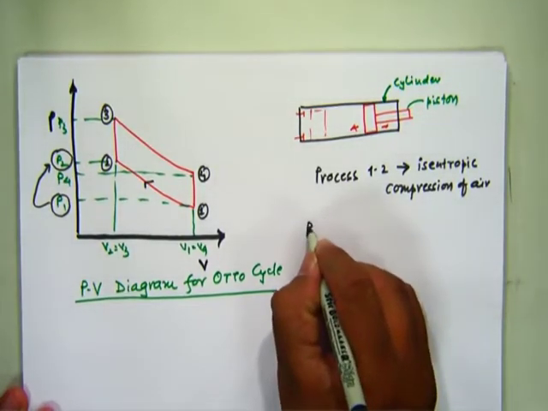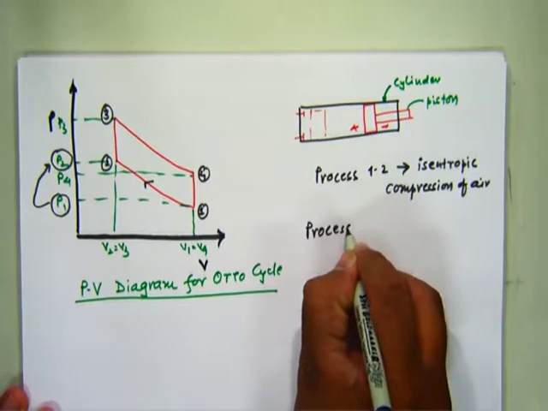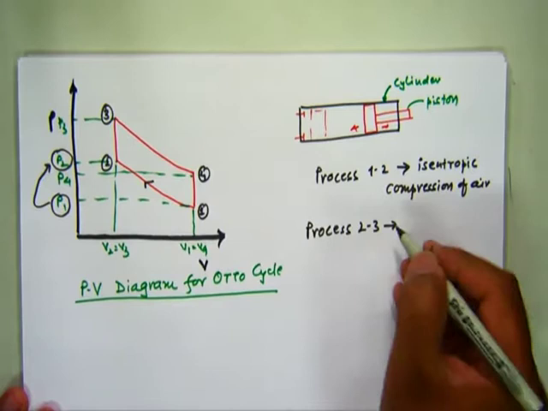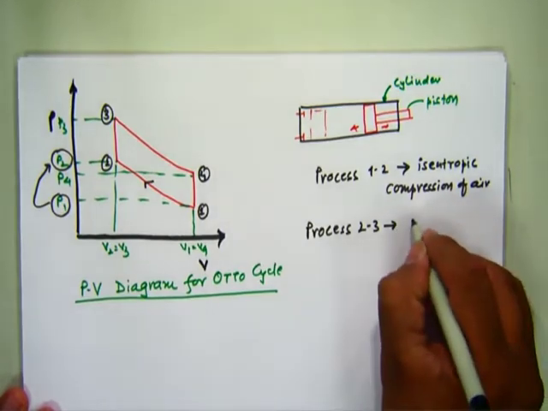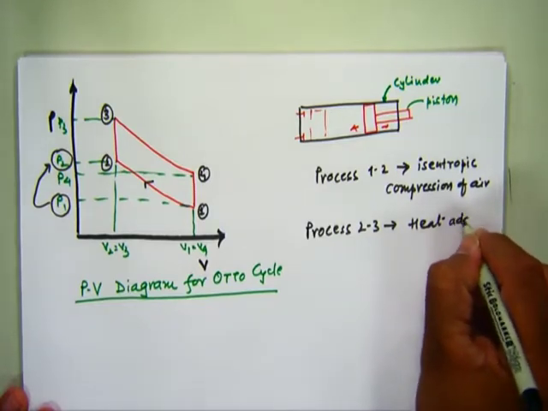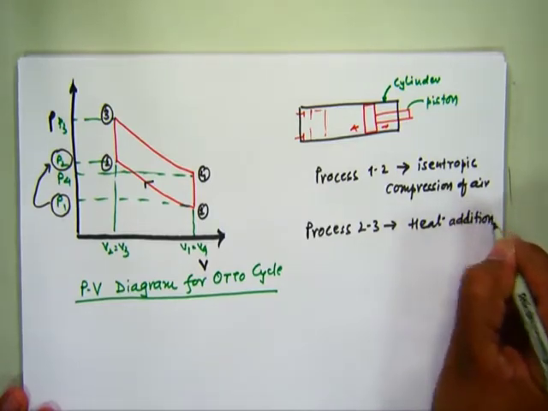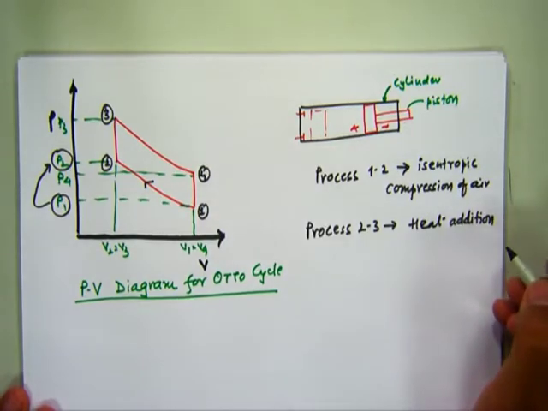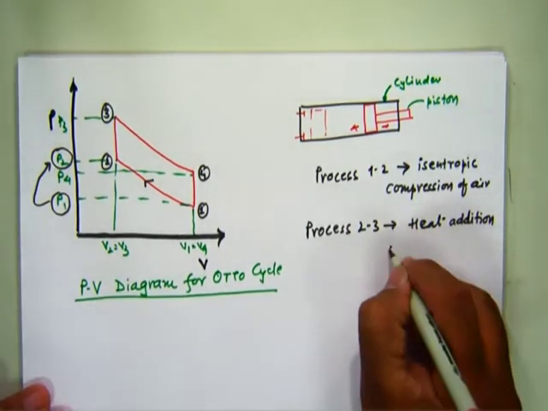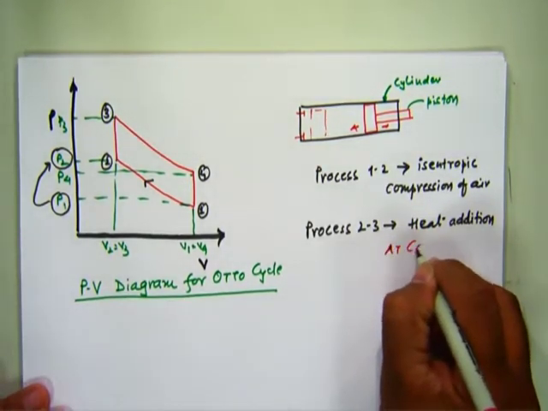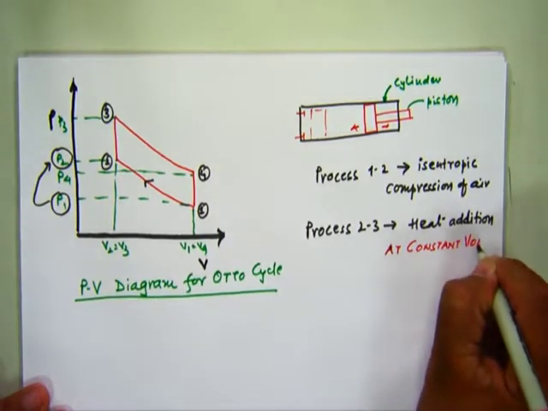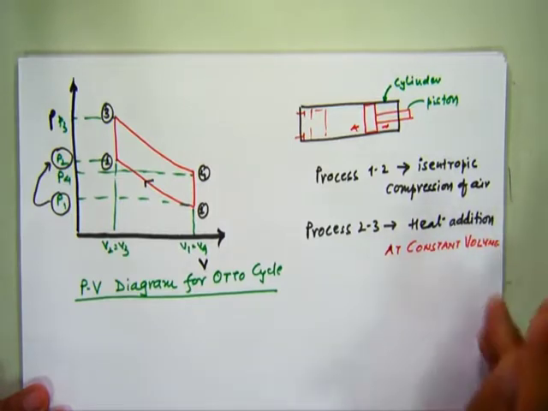Then we see the process 2-3. Process 2-3, heat addition takes place at constant volume.